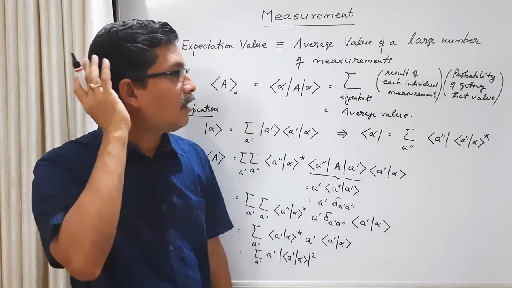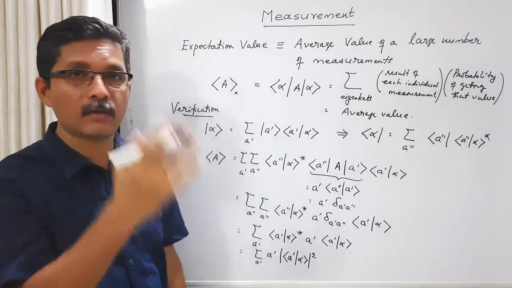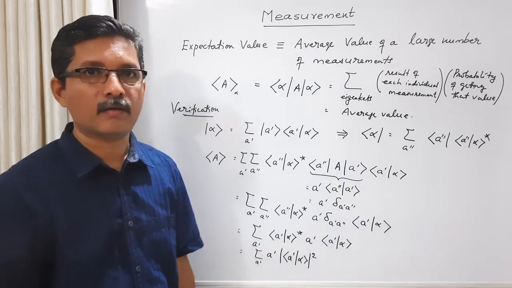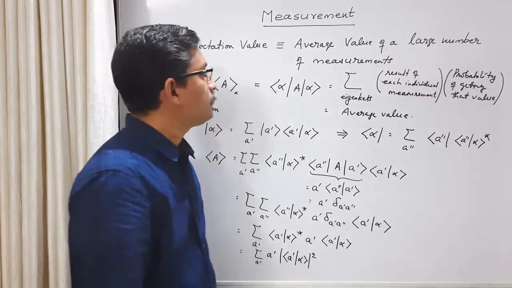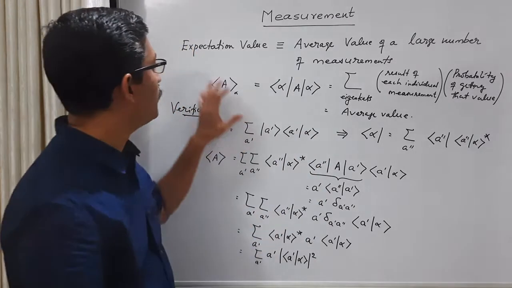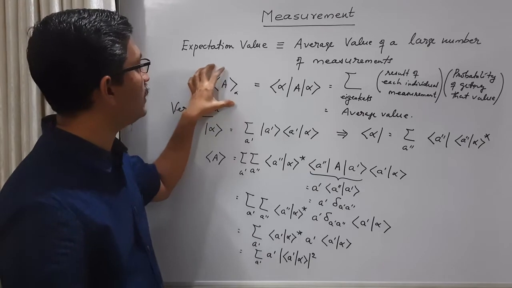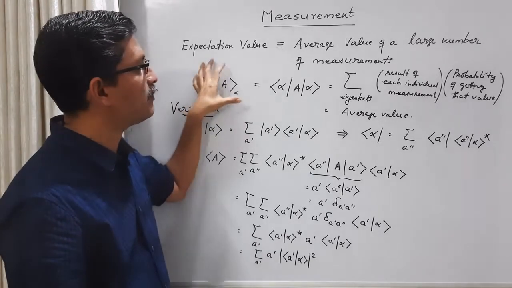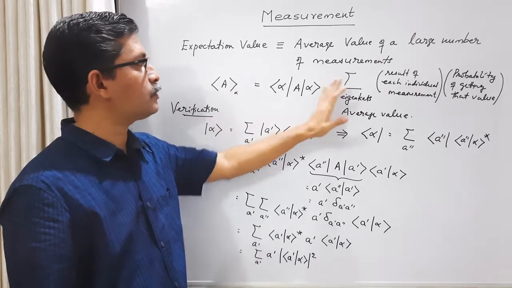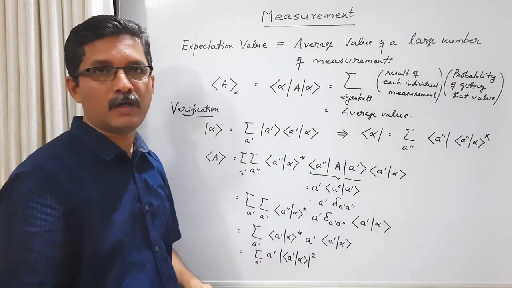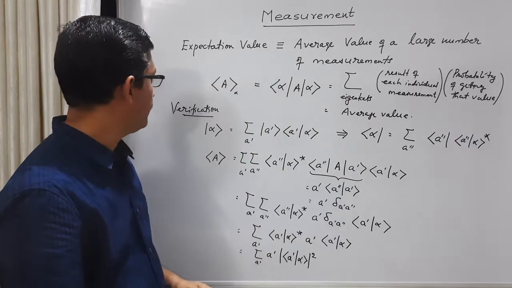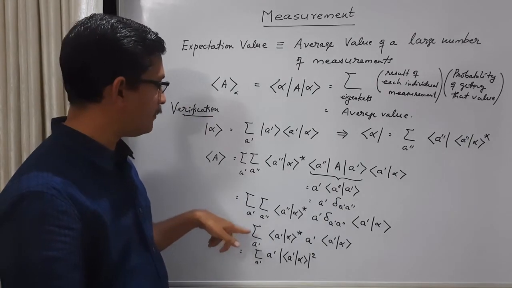That is the average value. That's how we calculate the average value of a collection of any data set. So we have verified that this definition of expectation value exactly corresponds to the average value of a large number of measurements. So we have done this verification in one way.